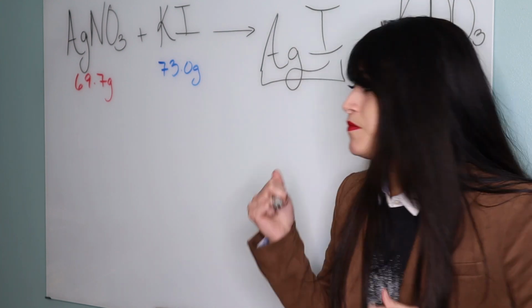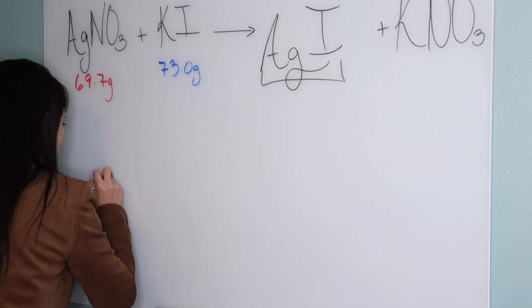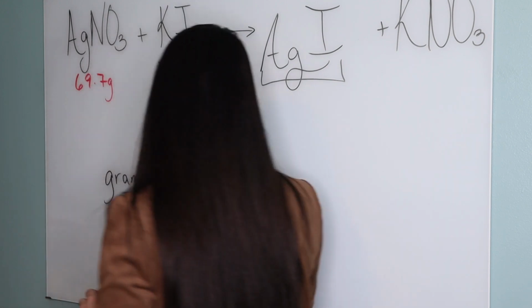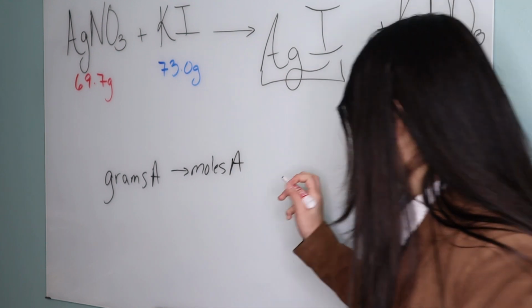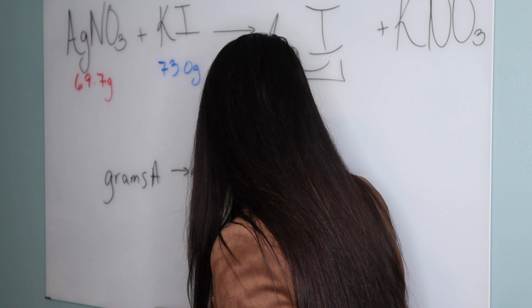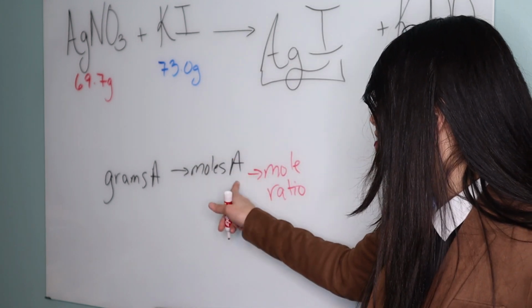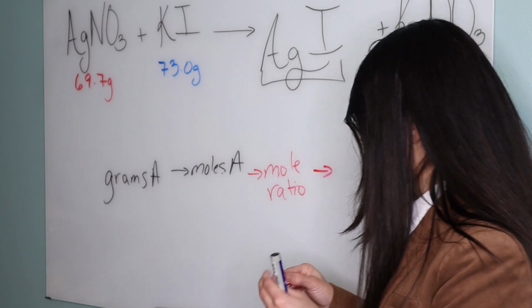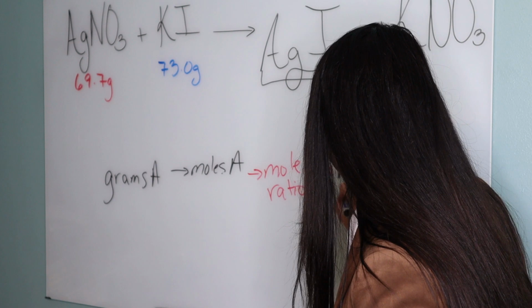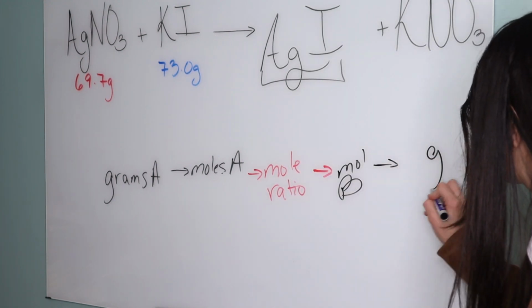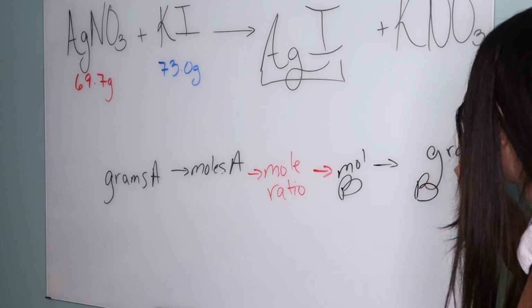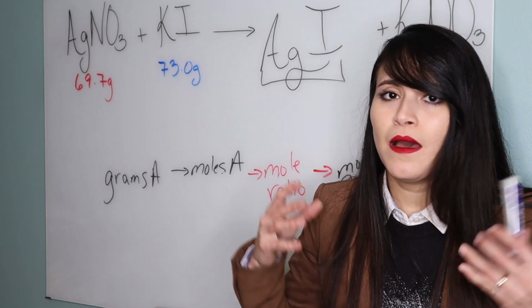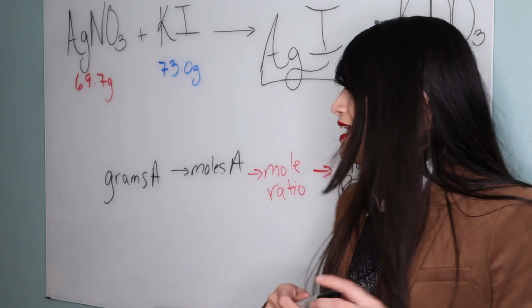So essentially what we're going to be doing is going from reactant A, grams of A, to moles of A, and then you're going to be using the mole ratio in order to be able to cross out 1 compound and come out with a new compound, moles of B, and then from moles of B, you can go to grams of B. However, in this example, if we're starting out with 1 reactant and we're trying to figure out how much product is being produced, we don't really have to go all the way to grams.